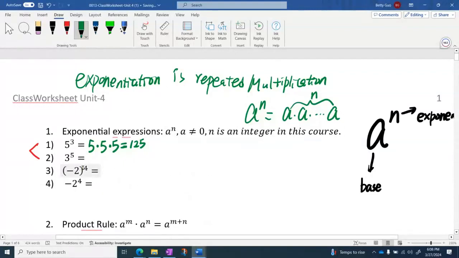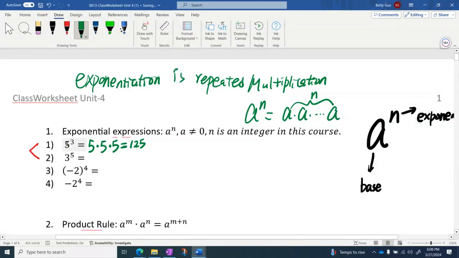Please give the second question a try. This expression is also an exponential expression because it has the look, right? Two parts. And the base this time is 3. The exponent is 5. So the two expressions are different if you look closer.